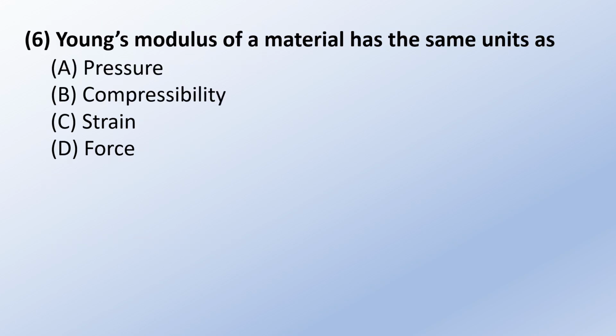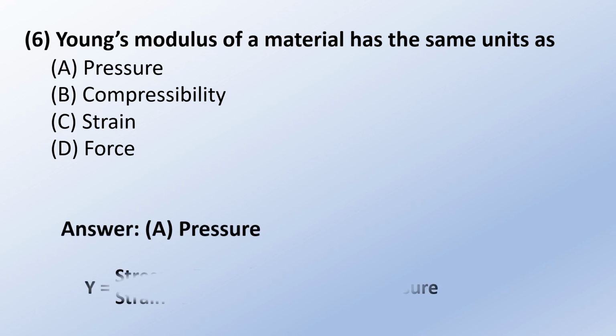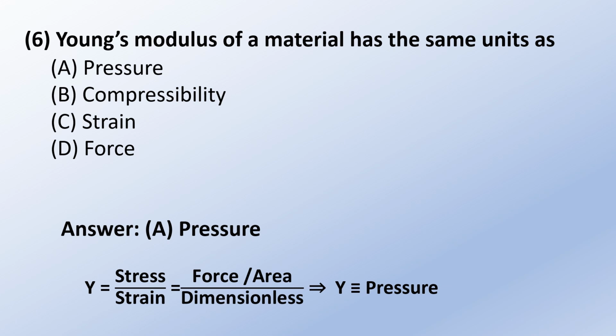Answer: D. Energy. 6. Young's modulus of a material has the same units as: A. Pressure. B. Compressibility. C. Strain. D. Force. Answer: A. Pressure. Because Y is equal to stress by strain, which is equal to force by area divided by dimensionless.